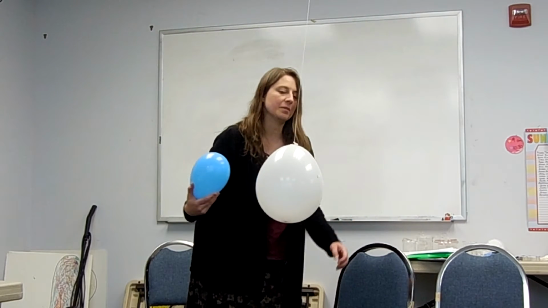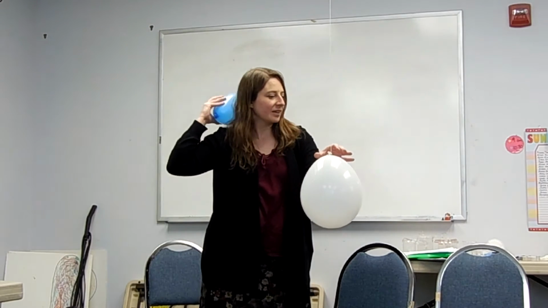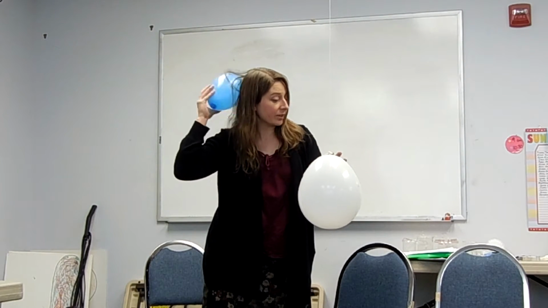So why do you think that is? Because all of the electrons moved away because it's already negatively charged. And it is hard for electrons to move on the surface of a balloon because it's an insulator. That blue dot gets near me every time.